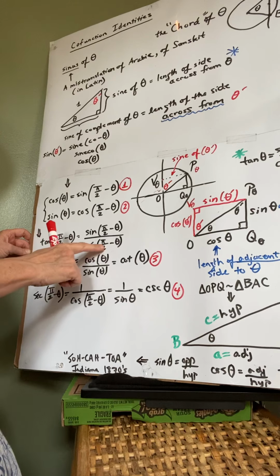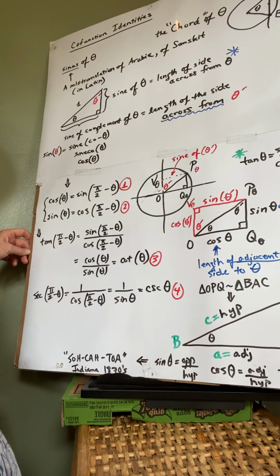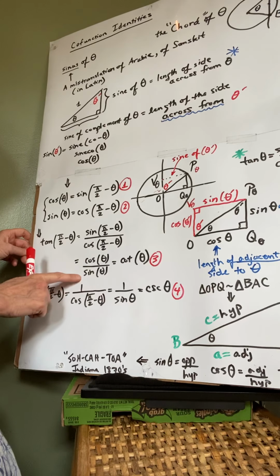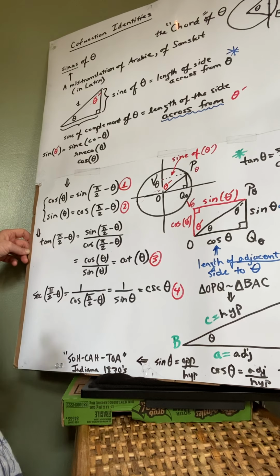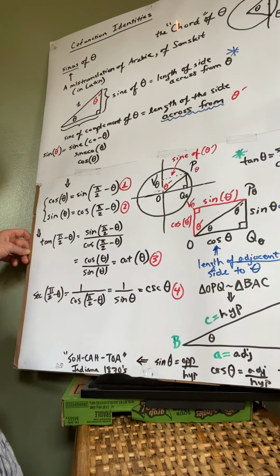What is the cosine of the complement? Just gives you the sine. So that's the cosine over the sine, which we proved using similarity of triangles, with a triangle POQ, that the cotangent of theta was always equal to the cosine over the sine.